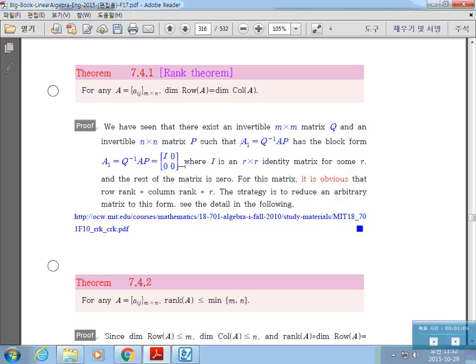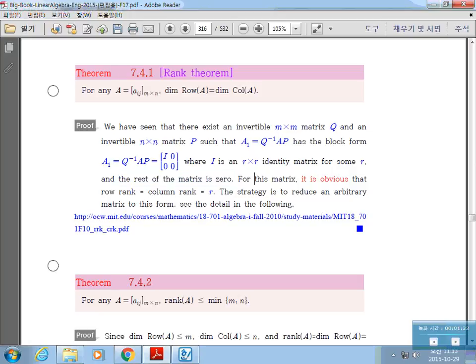So there exists non-singular matrices P and Q that make Q inverse AP equal A1, which has this form, where I is the r by r identity matrix for some r. This r is going to be the rank of the matrix A, and the rest of the matrix is all zeros.